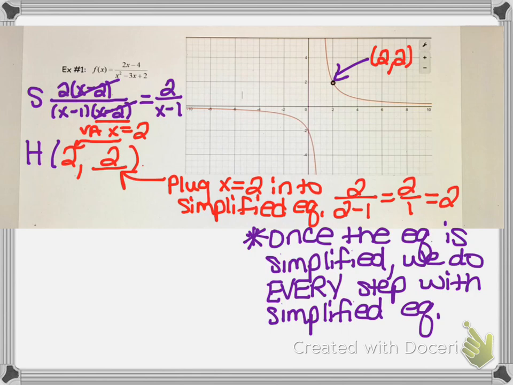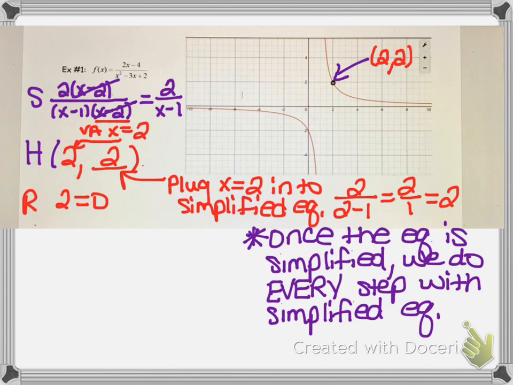Okay? From here on out, the rest of the process is just like we did on day 1 of this week. Now we can do the analysis steps to analyze the rest of the graph and its behaviors. So our R step says to take the numerator and try to set it equal to 0. Well, our numerator now is just a constant.